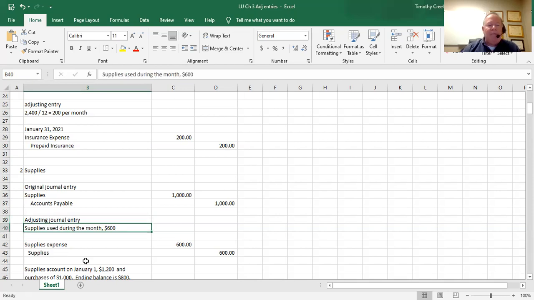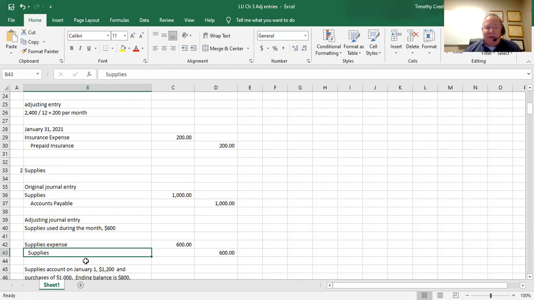One is the problem might just say we used $600 worth of supplies for the month. And so basically what we would do here is we would debit supplies expense for what you used, and we would credit supplies. And this journal entry really has two different uses to it.